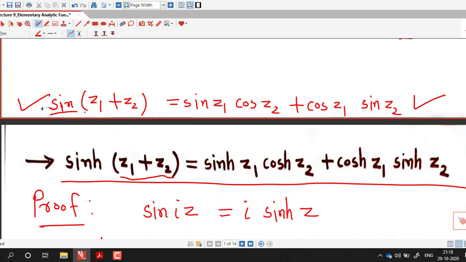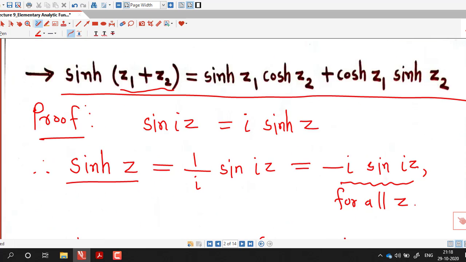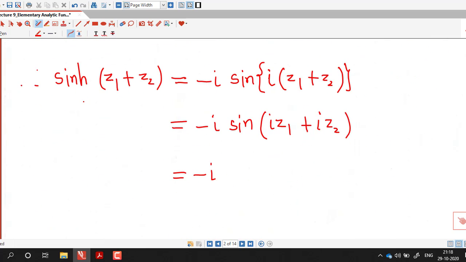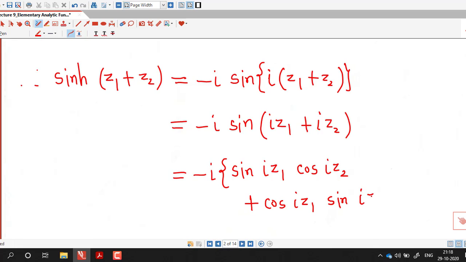This property is true for complex sine function. So now we apply that property. Instead of z1 we have iz1, and instead of z2 we have iz2. So sine of iz1 plus iz2 equals sine iz1 into cos iz2 plus cos iz1 into sine iz2.